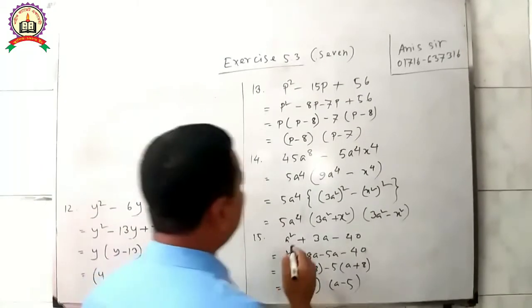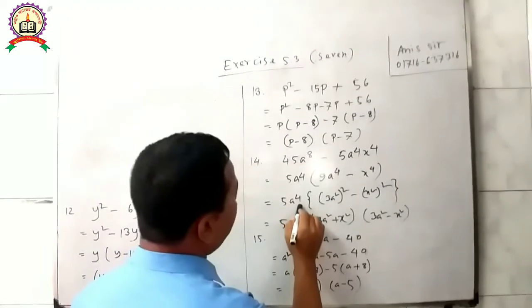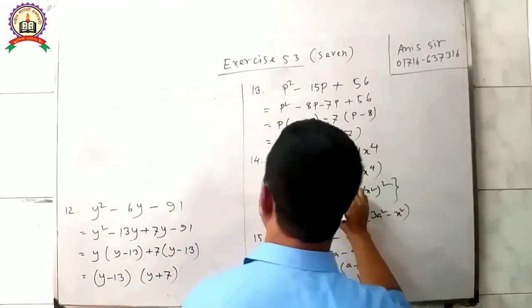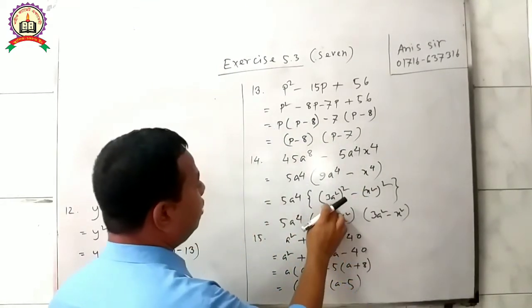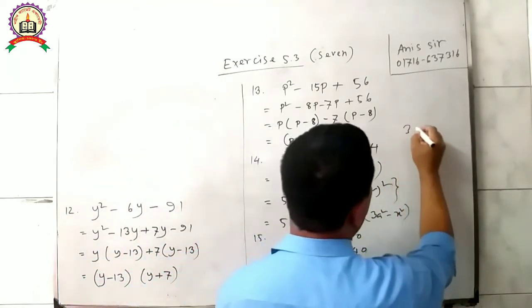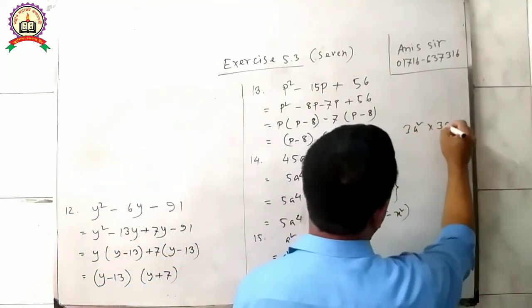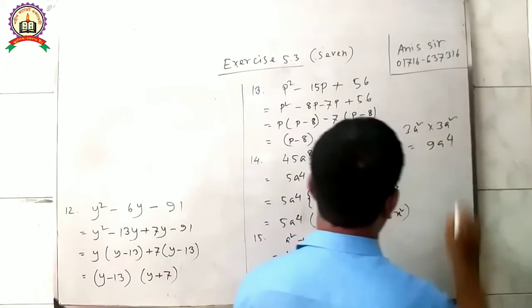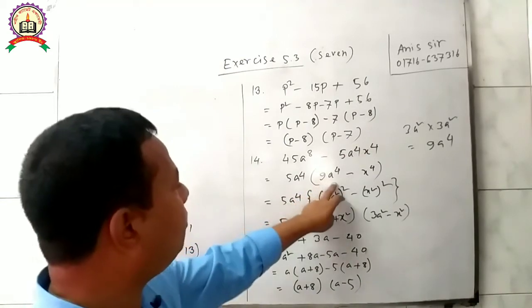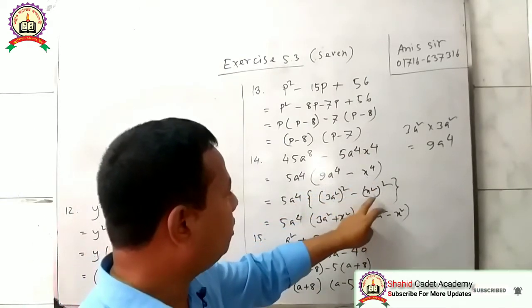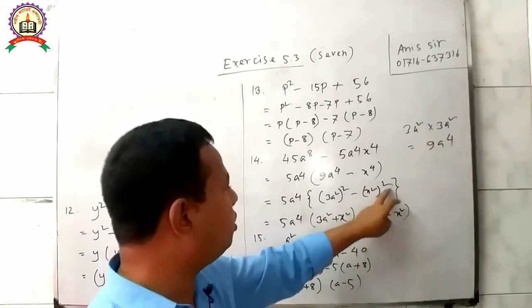Now 9a to the power 4, if we make square, then we get 3a square whole square, because 3a square into 3a square equal to 9a to the power 4. And x4 we get x square whole square.